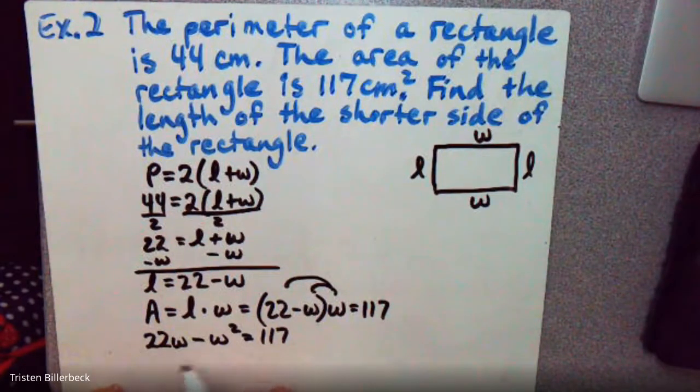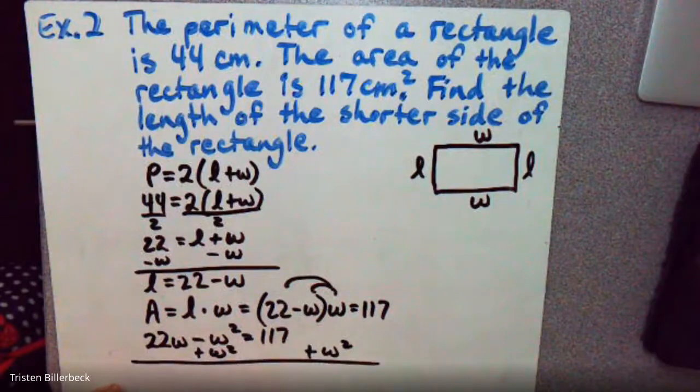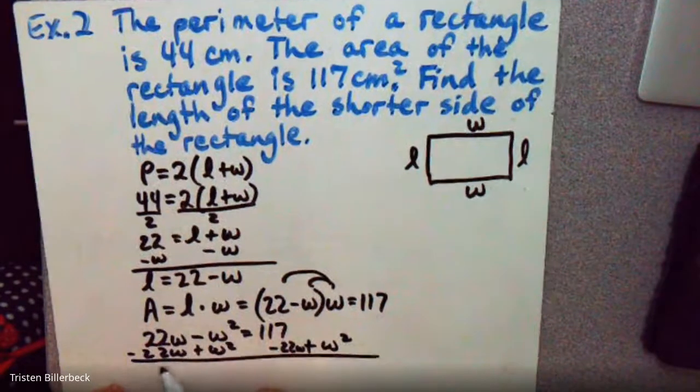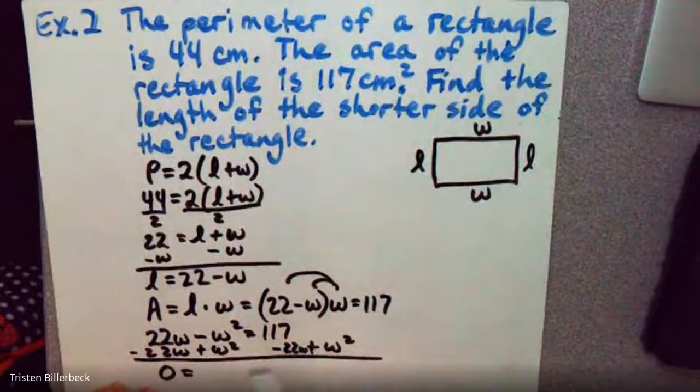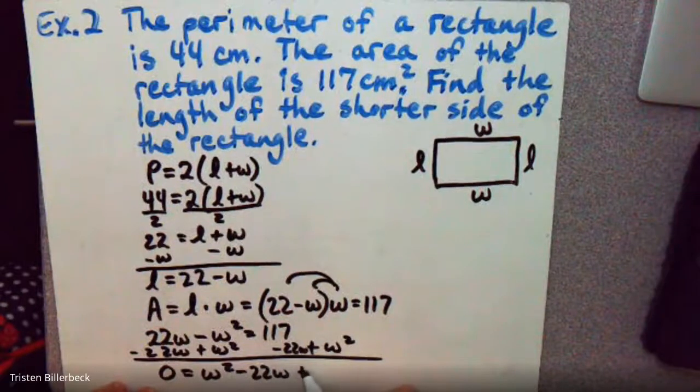We're going to add W squared to both sides, and we can actually do this all at once. So fasten your seatbelts. Now we have 0 equals, and I'm going to rearrange this, W squared minus 22W plus 117.